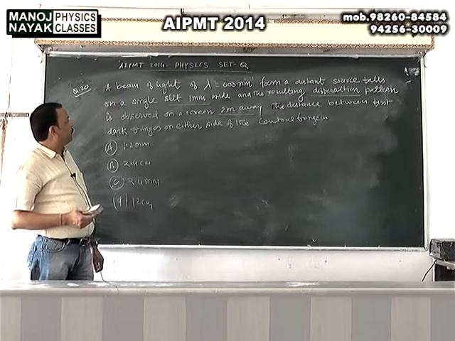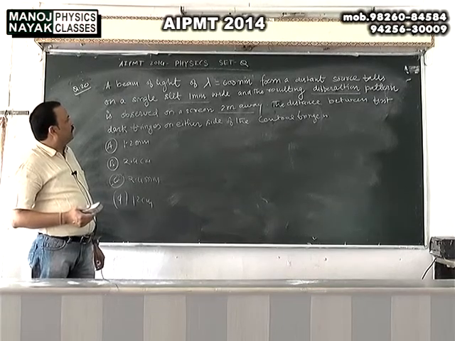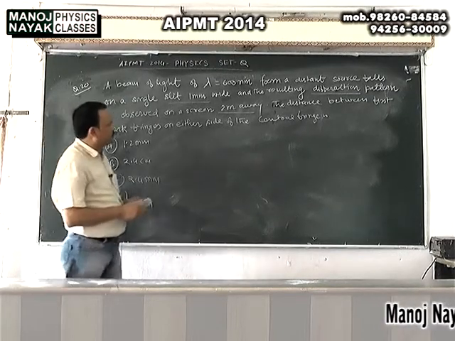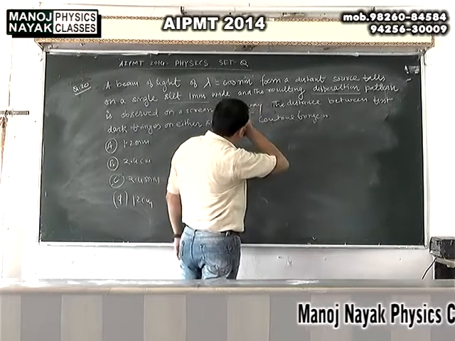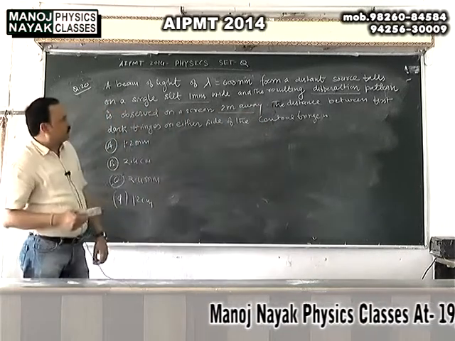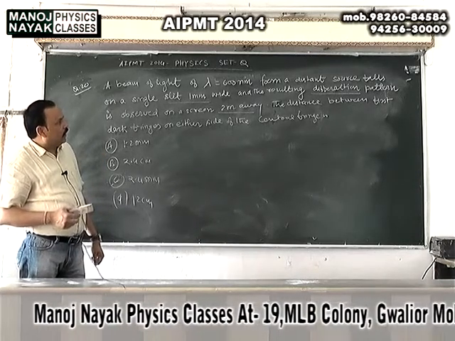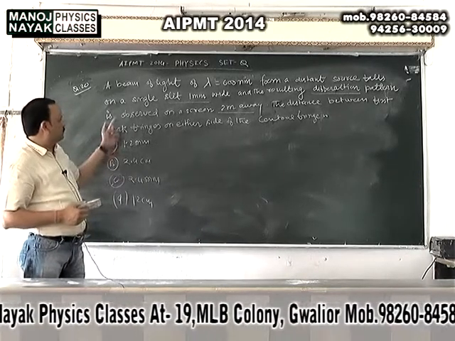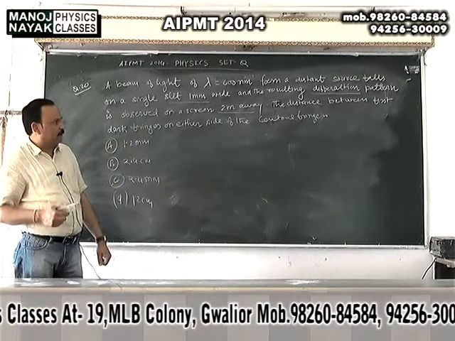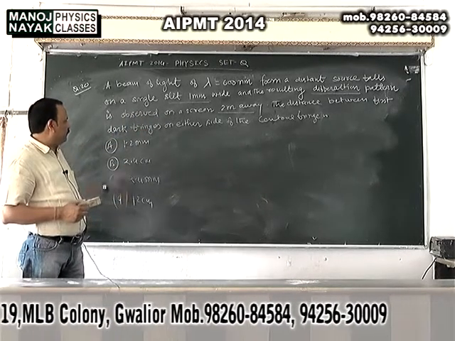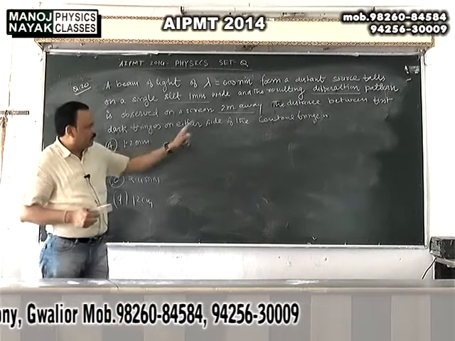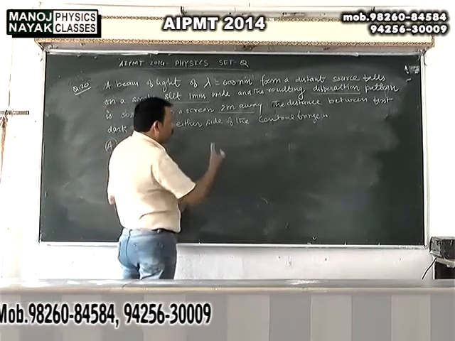Question 20. A beam of light of lambda 600 nanometer from a distant source falls on a single slit 1 millimeter wide and the resulting diffraction pattern is observed on a screen 2 meter away. The distance between first dark fringes on either side of central fringe.